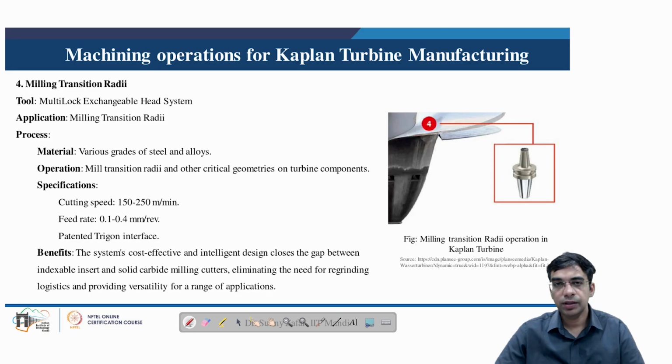A cutting speed of the order of 150 to 250 meters per minute at a feed rate of 0.1 to 0.4 millimeters per revolution are used. A tool with trigon interface is used, and the system offers a cost-effective intelligent design which closes the gap between indexable insert and solid carbide milling cutters, eliminating the need for regrinding logistics as well as providing versatility for a range of applications.